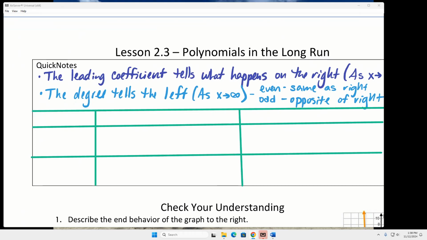Okay, so going down on the column on the left, we're going to say even degree and odd degree.